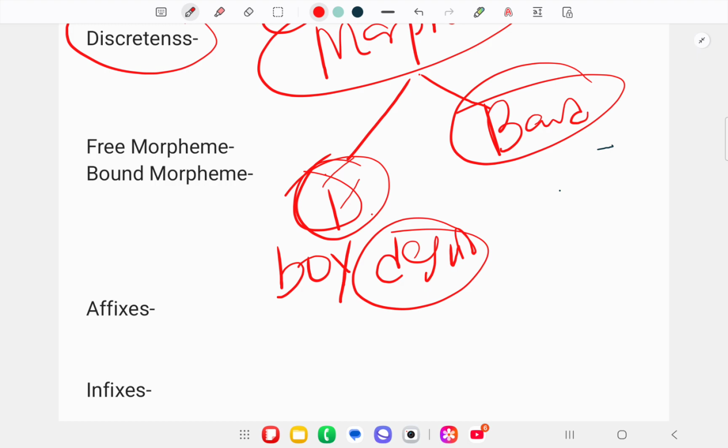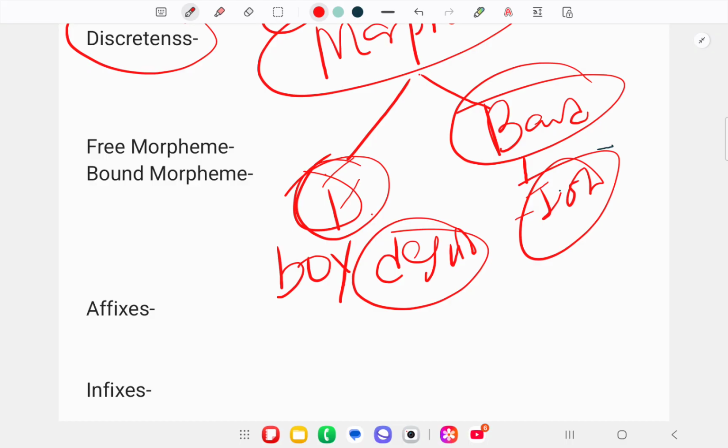If we do not attach anything, then there is only the root itself, and this is known as a free morpheme. When do we talk about the bound morpheme? A bound morpheme is when we attach any suffix or prefix to any word, and that comes under the bound morpheme.